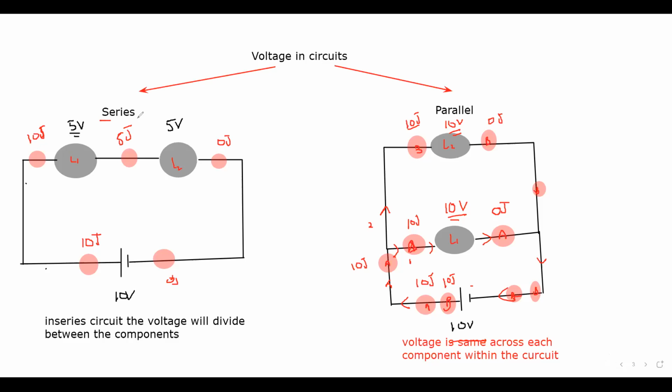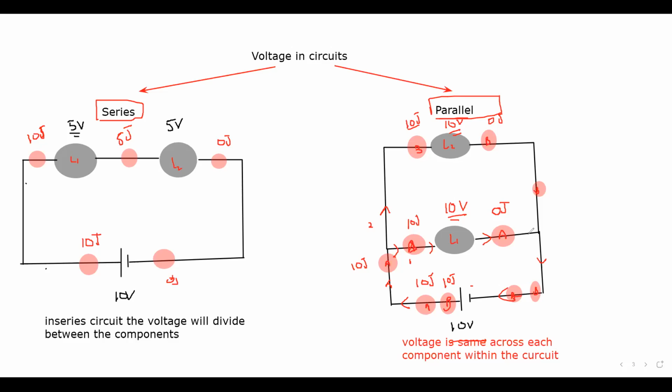If you compare the brightness of the lamps, in which circuit will the lamp be brighter? If identical lamps are used, like here I'm using the same lamps, first connected in series, then connected in parallel. In which circuit do you think the lamp will be brighter? The brightness of the lamp depends on how much energy is received by the lamp, because the energy is converted into light.